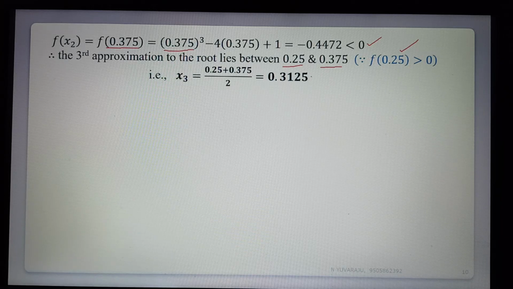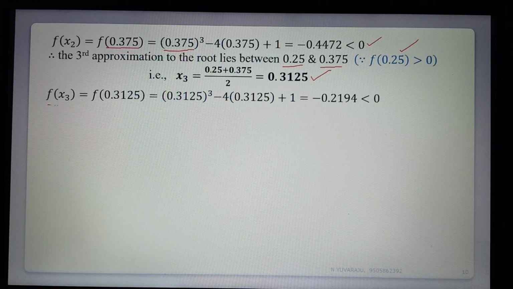0.375 by 2. So for this third approximation, is this also the required root or not, verification, substituting in the given equation, that is f of x3. We get minus 0.2194, a negative value only, so this is also not the root. So the next approximation lies between the previous value which is positive, f of 0.25 positive.